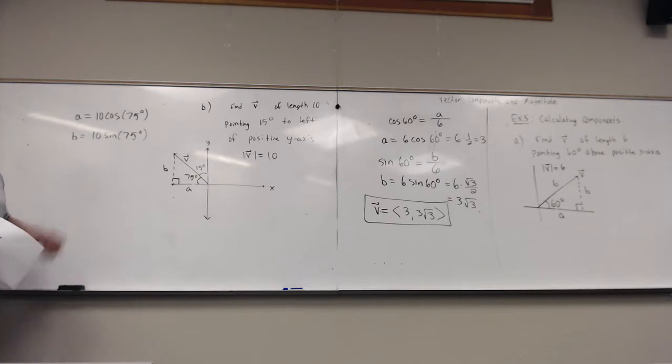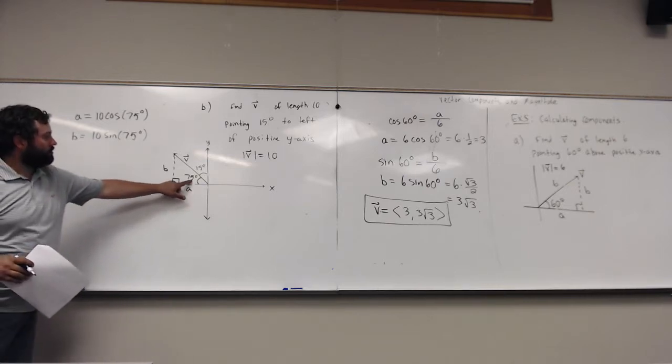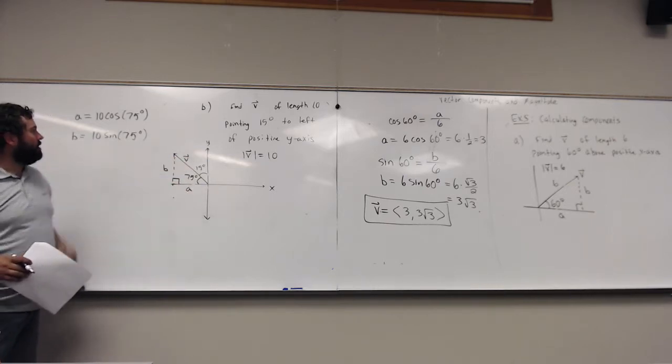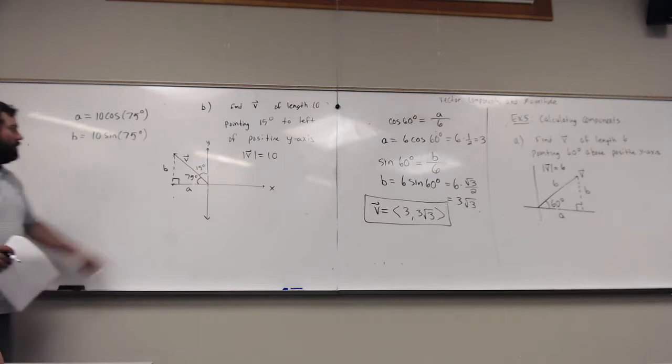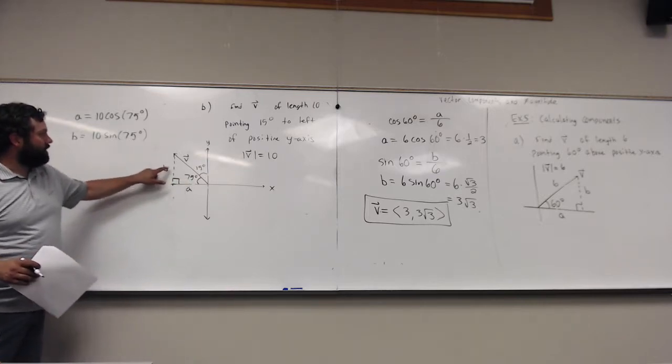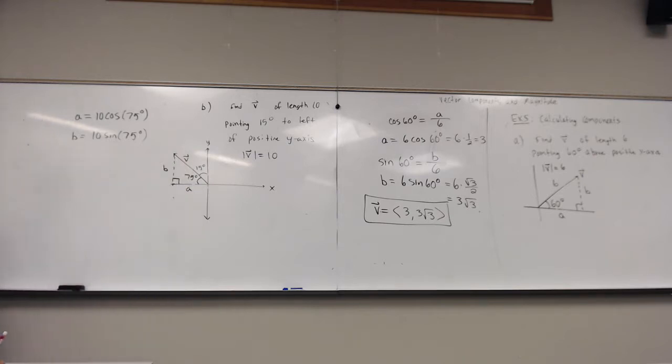So it's the same argument before. Cosine 75 is A over 10, so A is 10 cosine 75. And then sine of 75 is B over 10, and if you solve for B, you get 10 sine 75.